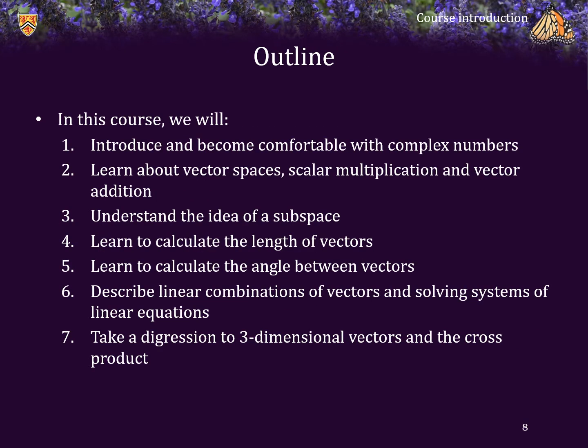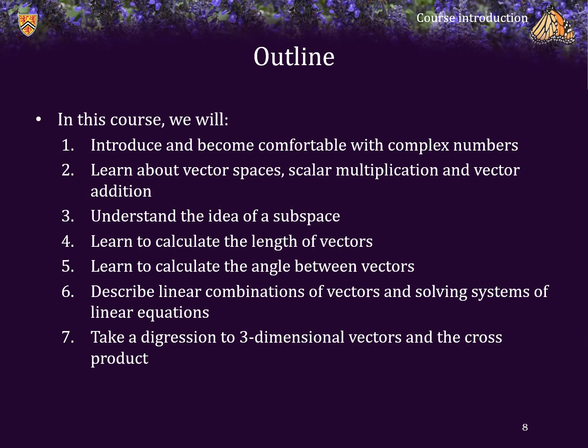Now, as far as this course is concerned, here's what we're going to be covering. First, we're going to make you comfortable with complex numbers. You should be as comfortable with complex numbers in 2 weeks as you are with real numbers as you know them today. We will then learn about vector spaces, scalar multiplication, and vector addition. We will then look at the idea of subspaces of a given vector space.